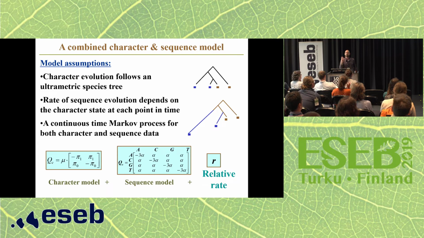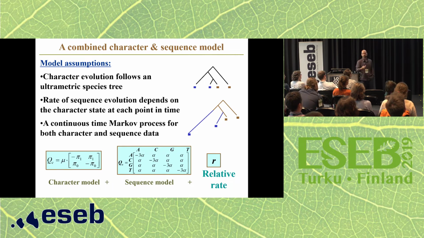And when I said continuous time Markov process, we have a transition matrix. I will not get into the details, but for the character trait, let's say we have two states, a binary trait, we have a standard two-rate, two-state matrix.